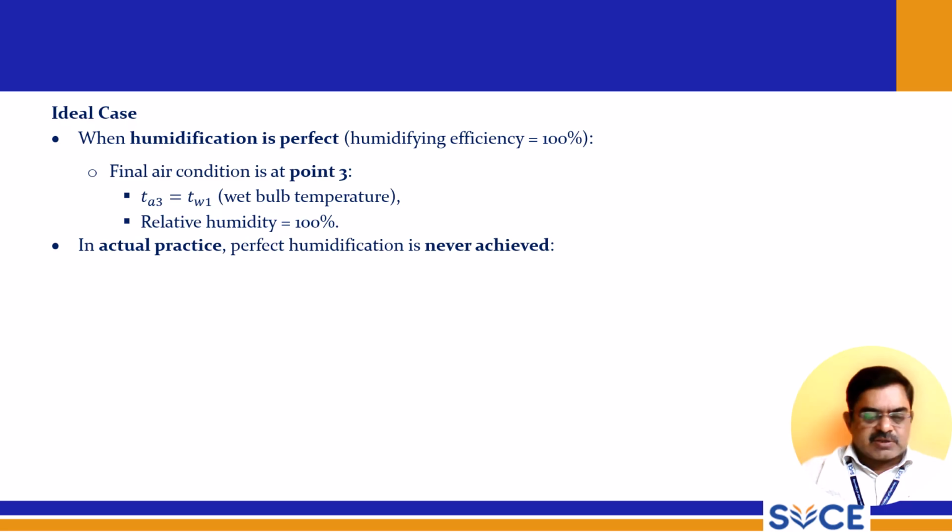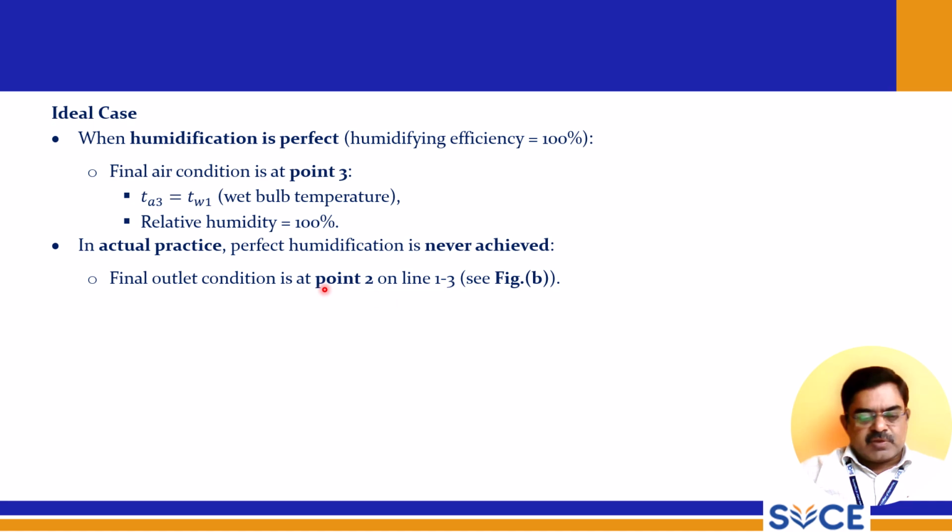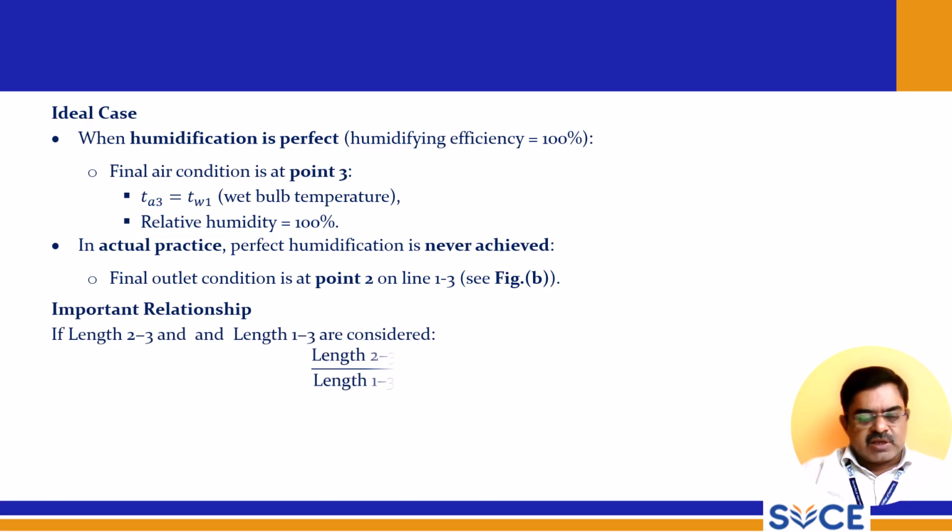In actual practice, perfect humidification is never achieved. So the final outlet condition is at point 2 on line 1 to 3, as in figure B. An important relationship: length 2 to 3 divided by length 1 to 3 equals BPF, which equals 0.1.